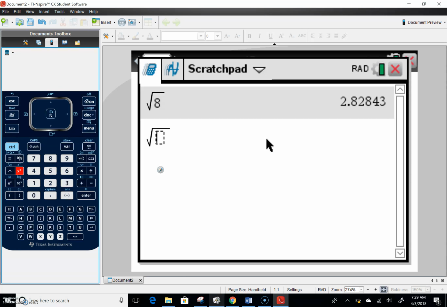Control, square root, 3. There we go. I don't know what happened at the end. See, that's 1.87, so that's not correct.